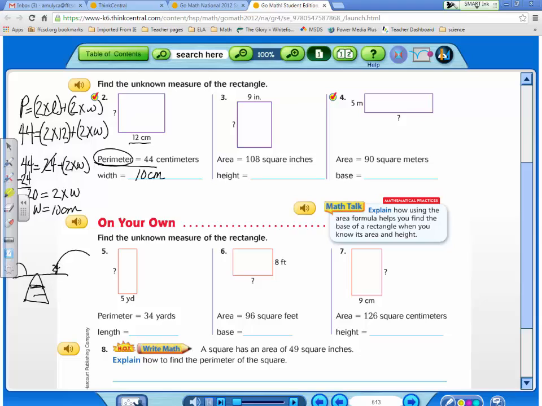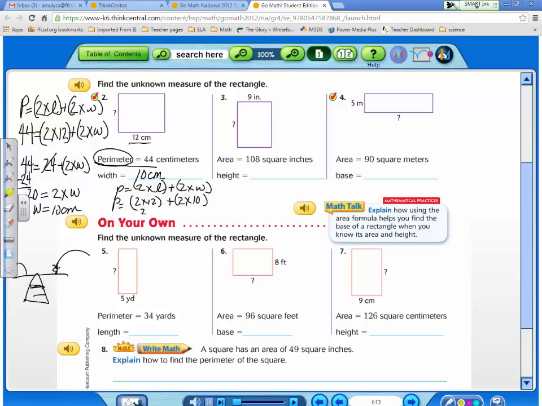Okay? And if we just double check and we go back to our formula, we can do P equals 2 times the length plus 2 times the width. I can check my answer here. Good math students always check. Now I plug in what I know. 2 times length. Well, we just decided length was 12, so 2 times 12. Let's try our answer of 10 for the width here.